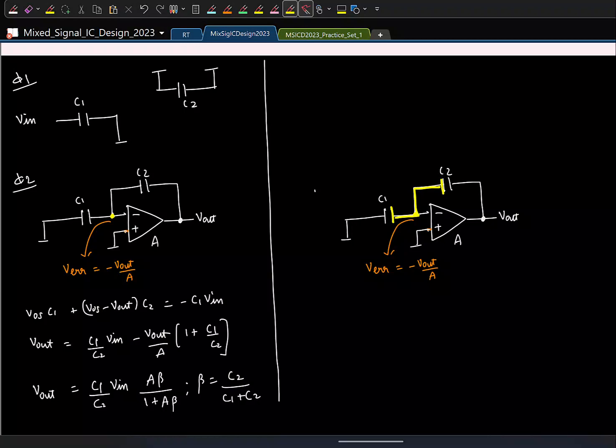But in the earlier case it was VOS, now it is some other voltage. And for the offset case, what we did was we tried to disconnect these two and put an appropriate voltage and try to bring it to 0. So right now what can we do? Same method. We can do something similar, right? So let's say I take this.